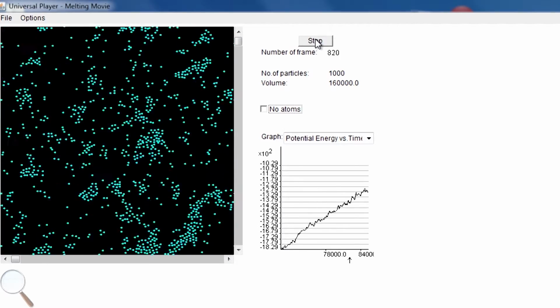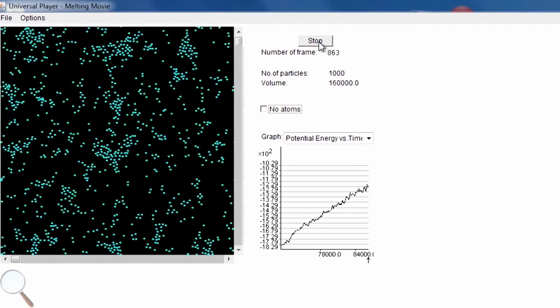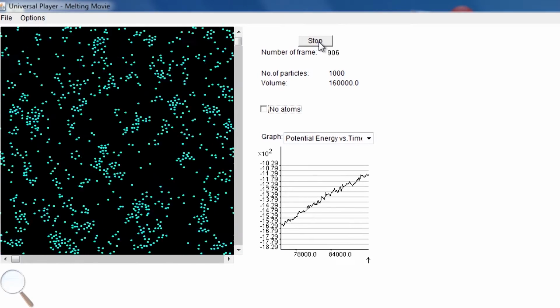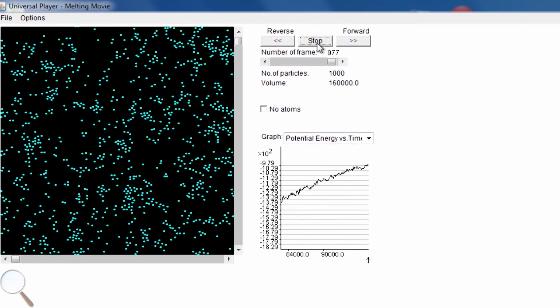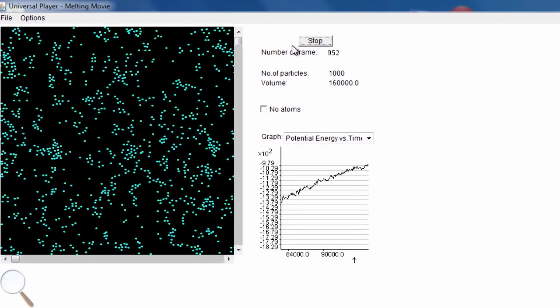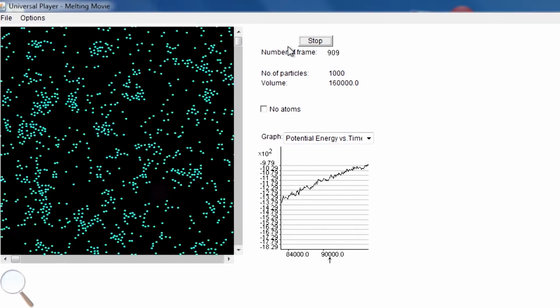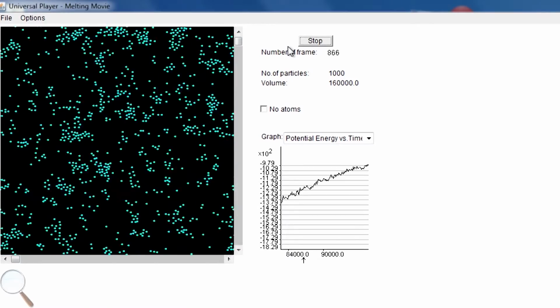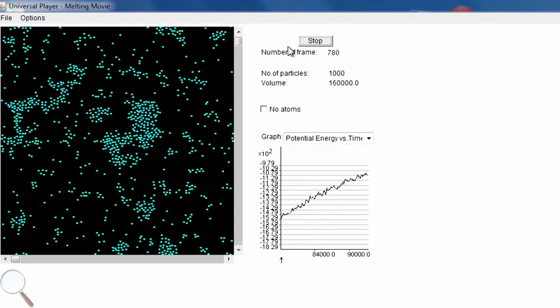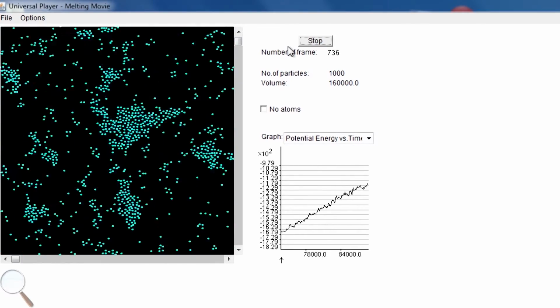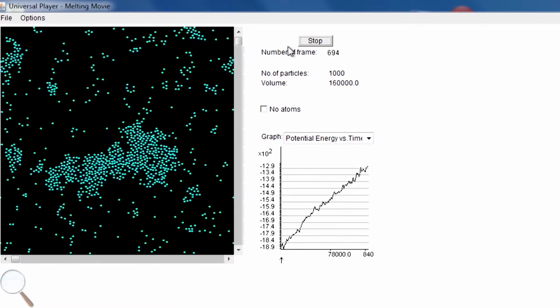With these ideas, you can observe the changes in the potential energy parameter, at what point the potential energy is changing. Let us stop it here, go back, and observe only the potential energy changes throughout the movie and see what has happened to the value. It is all in minus, so it is going down.